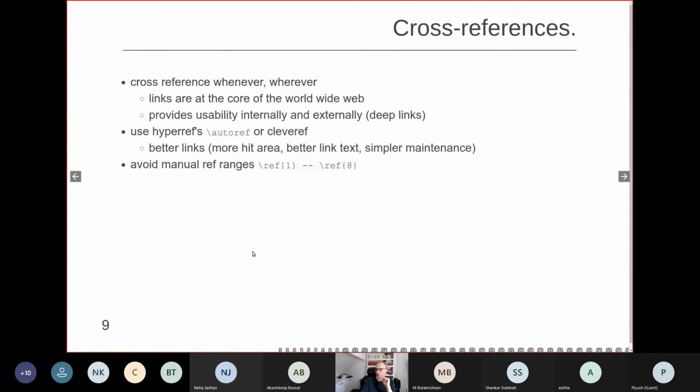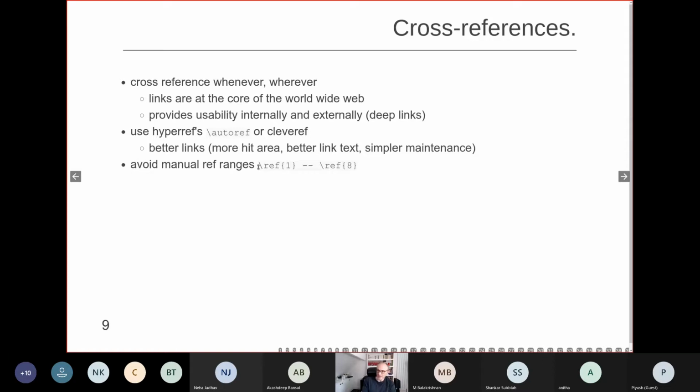What else? We've been talking about cross-references. Cross-referencing, obviously, that's the whole point of the web, right? You want to reference everywhere and anywhere, every time. So in many ways, referencing is a good thing, but it has to be done right. And sometimes people, in particular authors, don't do it really well, meaning that they, for instance, use all kinds of clever things, such as abbreviation of references, and that's one of the things you sometimes have to get rid of manually if you want to do referencing.